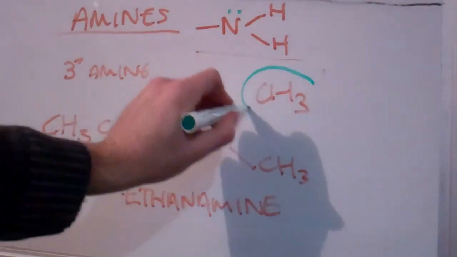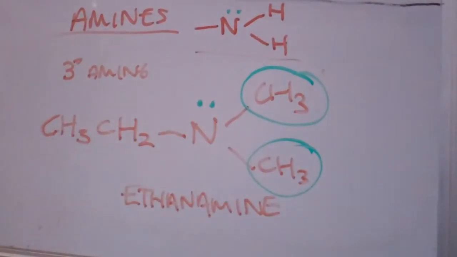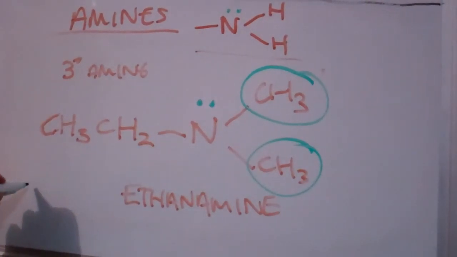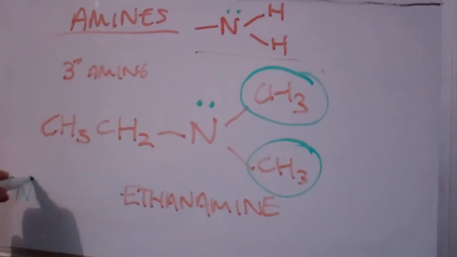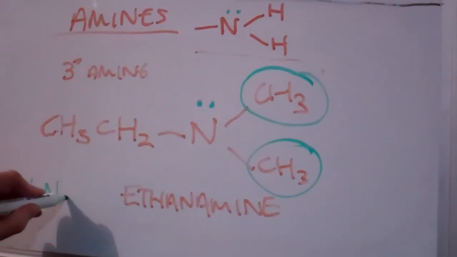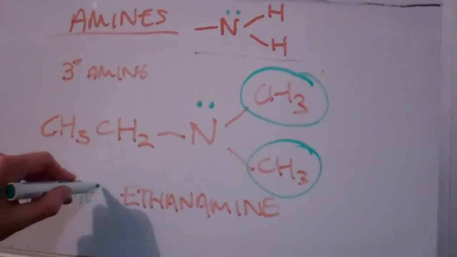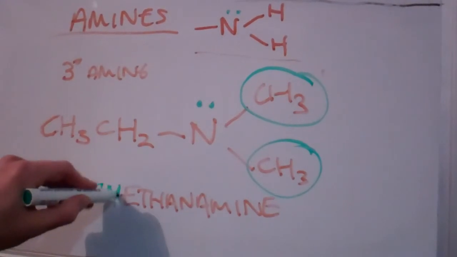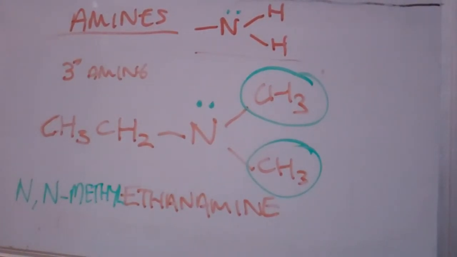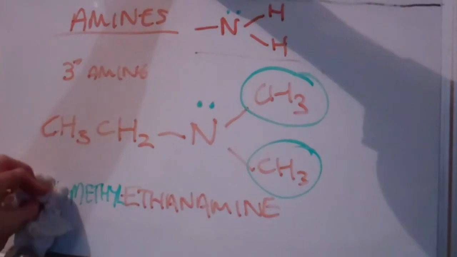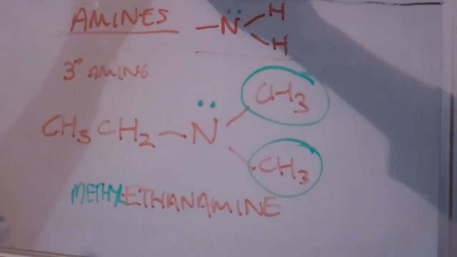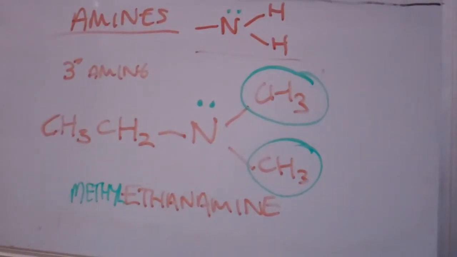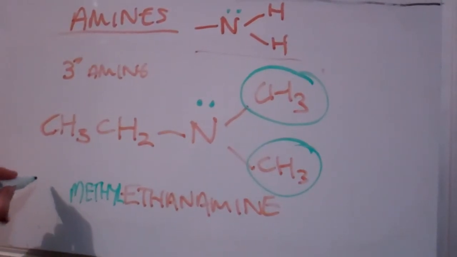This time round we have got two methyl groups attached to the nitrogen. Okay, so when you're naming this, you need to note where the methyl groups are. We've got an N-methyl and an N-methyl because they're both attached. I've made a mistake. Right. Because there's two methyl groups, you need to call it dimethyl.